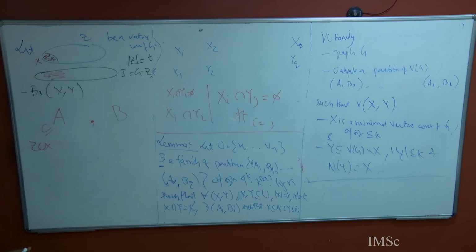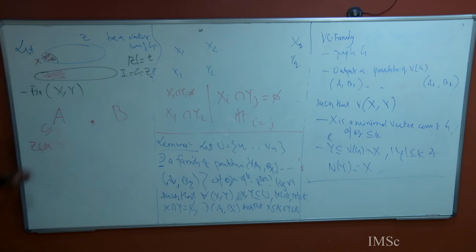Imagine yourself deleting this from the graph. This is an independent set, but what more? Where is the remaining X? Can I find it now? Neighbors of Z minus X. So don't I know now?